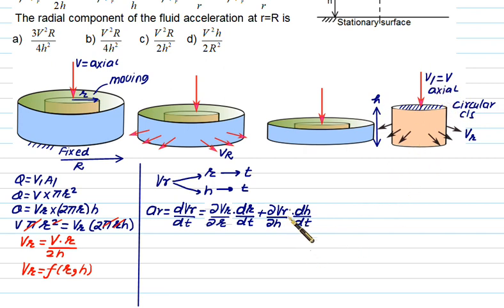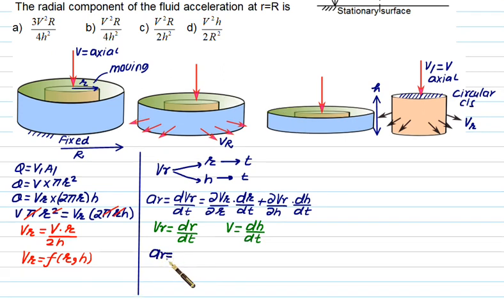So we can replace dh by dt with the axial velocity, and dr by dt is the same as VR. So we have VR equal to dr by dt, and similarly V equal to dh by dt.